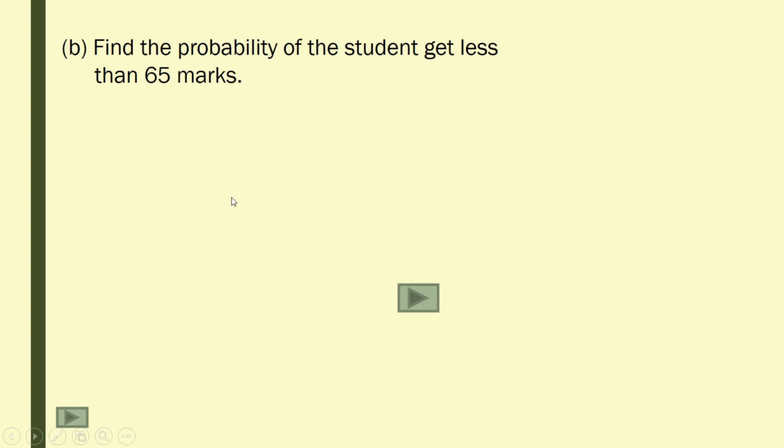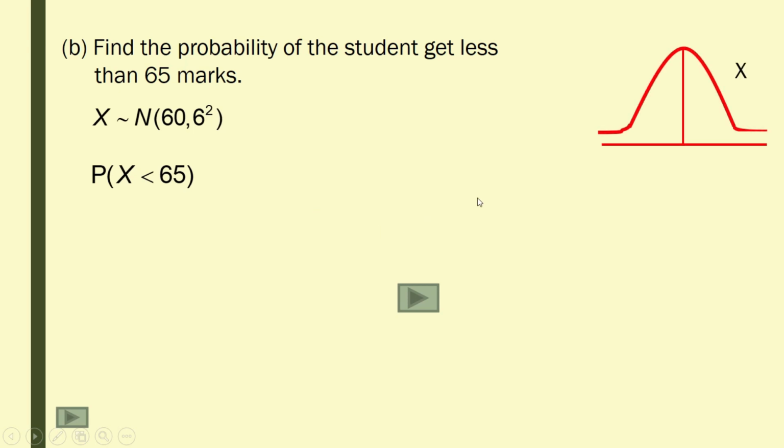Okay, B, find the probability of the student getting less than 65 marks. So we can write P(X < 65), and we sketch the X distribution with mean 60 and line 65, and we sketch the area P(X < 65).